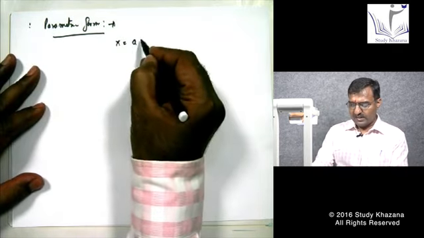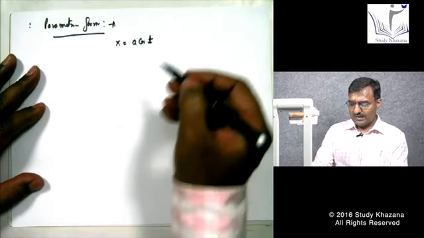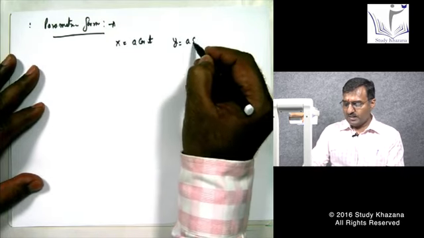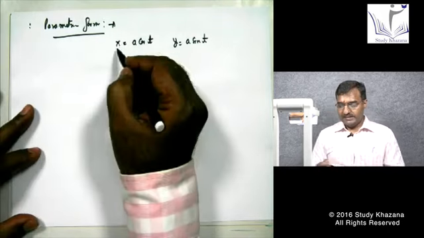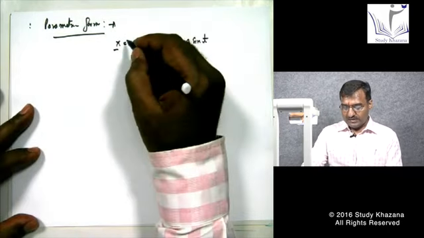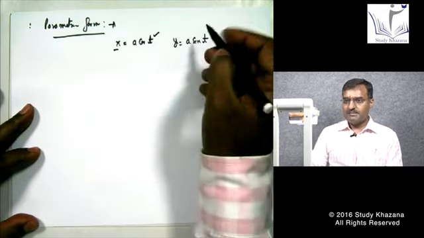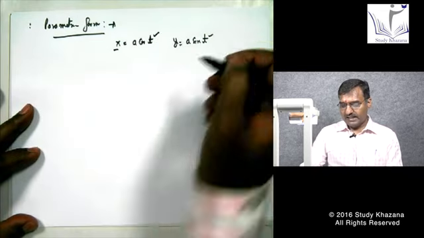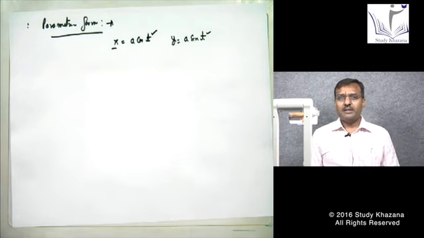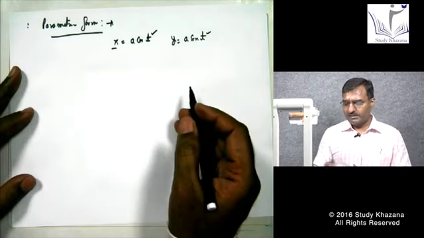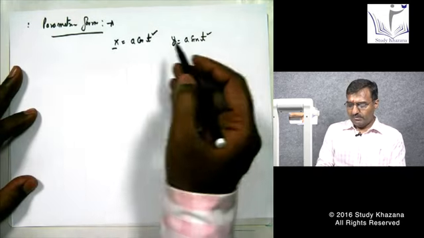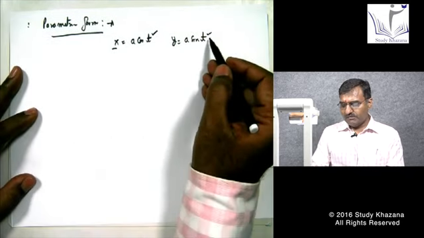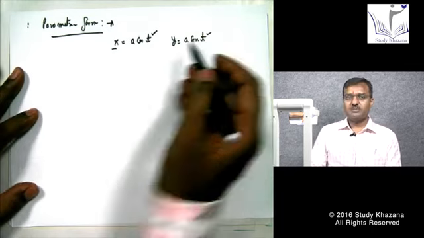I can give you a simple example. Suppose x is equal to a cos t and y is equal to a sin t. Here x is varying with the variable t and y is varying again with variable t. Both are dependent on a new variable t. To find the derivative of such functions, we take the derivative with respect to t instead of with respect to x.